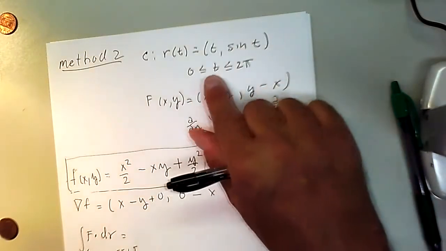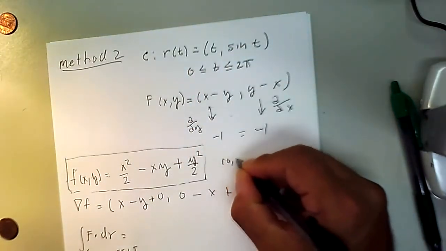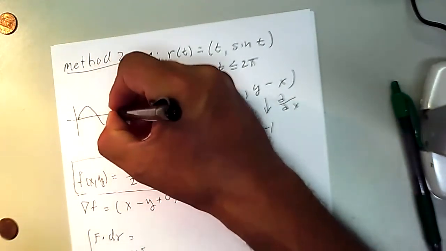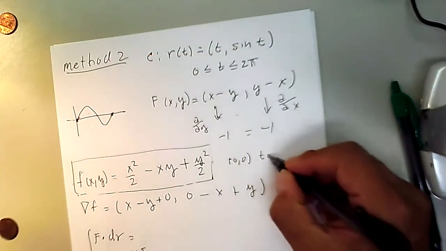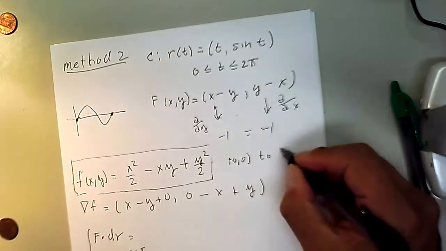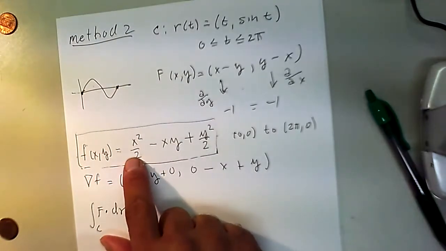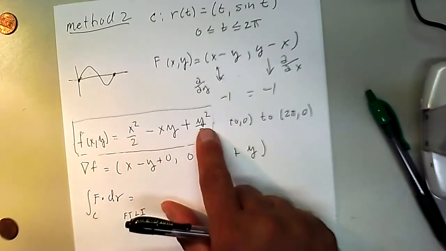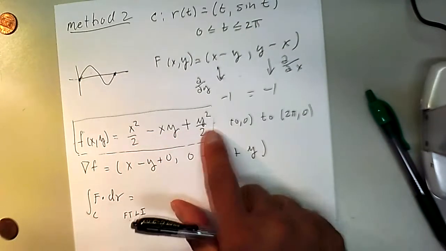So when t is equal to 0, we go from 0, 0. Remember, we did draw the path. The path is this one. Starts there, ends there. So we go from 0, 0 to 2 pi, 0. So all we have to do is plug the endpoint 2 pi, 0 into this function, and then 0, 0, and then subtract the 2.